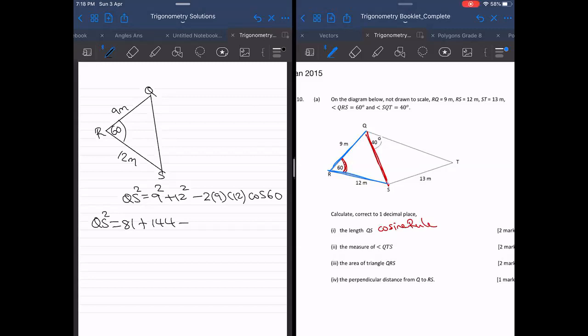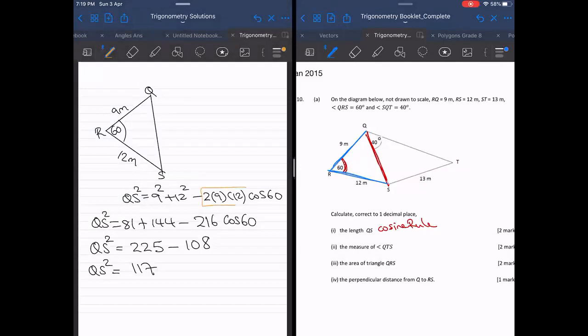Minus, so we have 2 times 9 times 12, so minus 216 cos 60. So QS squared is 81 plus 144, so 225, and then 216 times cos 60 is 108. So QS squared is 117.